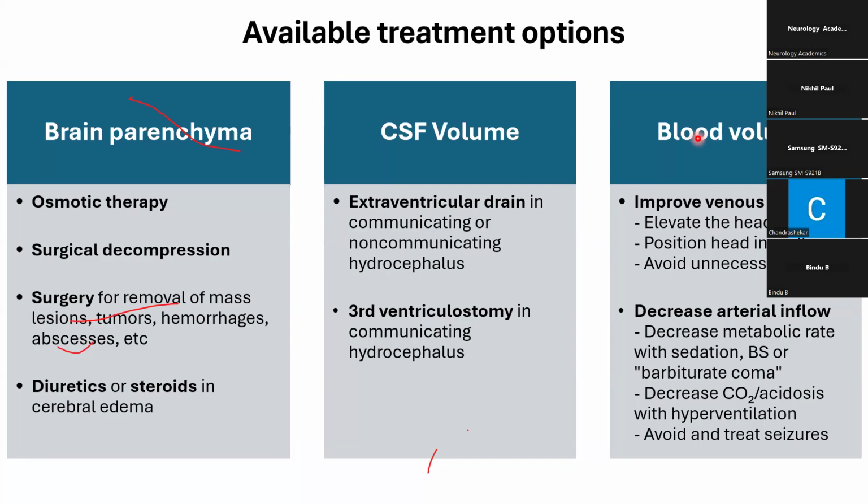So we saw the mechanisms for raised ICP. We'll look at the same mechanisms for the potential treatment options also. Suppose the ICP increases due to involvement of the brain parenchyma. The first and foremost thing which we can do in most cases is osmotherapy. As we saw earlier, when the cells swell up with water, if we increase the hypertonicity of the blood, all this water goes back into the blood.